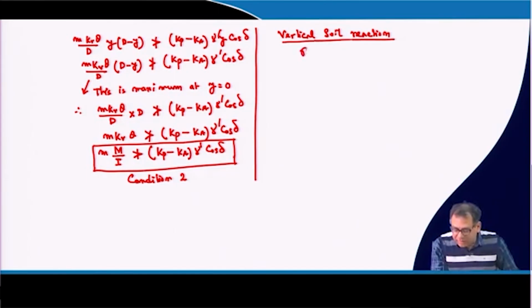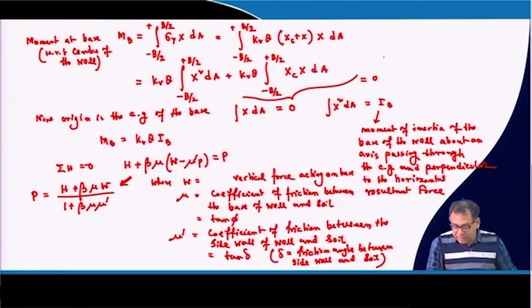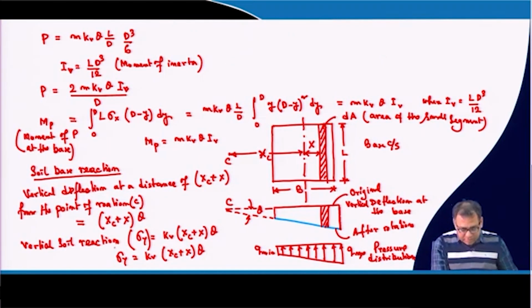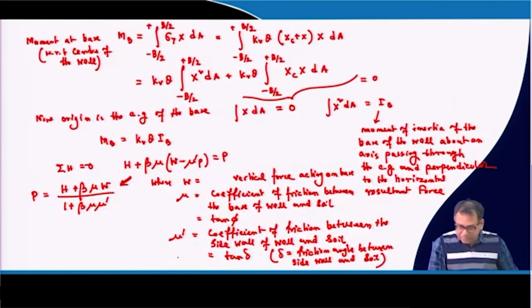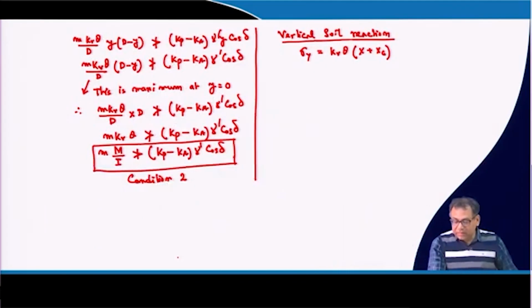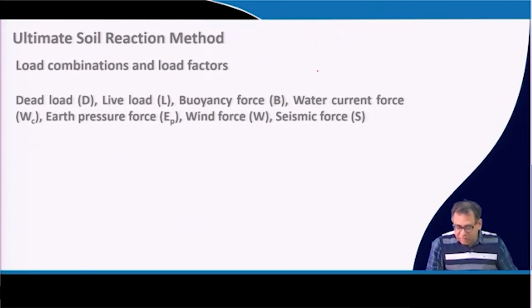So, the vertical stress at any point, sigma y is equal to K v theta into x plus x c. So, this is vertical stress at any point. Now we can write W minus mu dash p, that is the total vertical downward force.